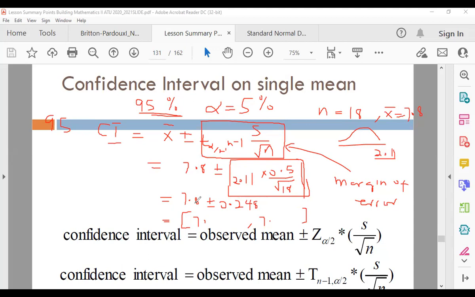When we do that, this should give us 5.552 for the lower margin, and then for the upper margin we expect 8.048.